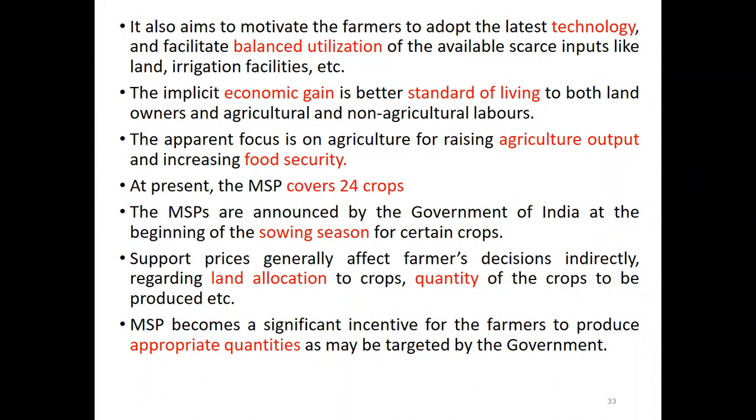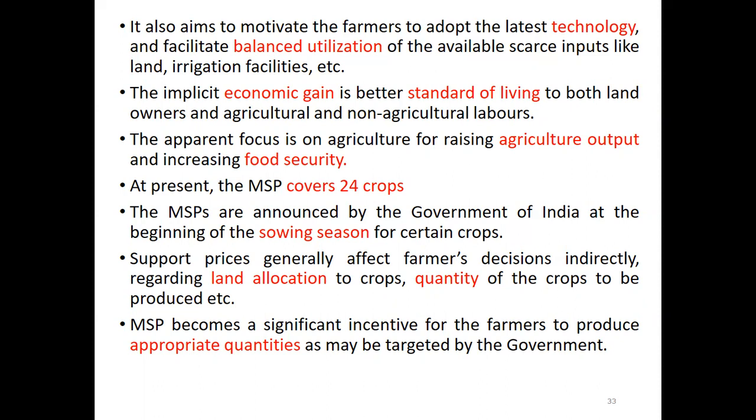Accordingly I can adapt the technology as well, and facilitate balanced utilization of available scarce inputs like land, irrigation facilities, and the rest. So on the basis of minimum support prices, I will decide to adapt technologies to make effective, 100% utilization of land and irrigation facilities. So this is the benefit.